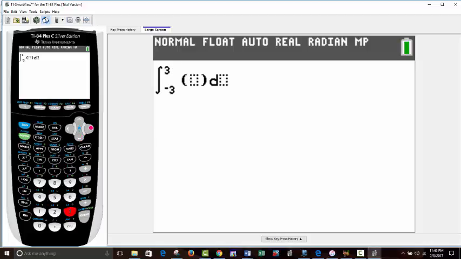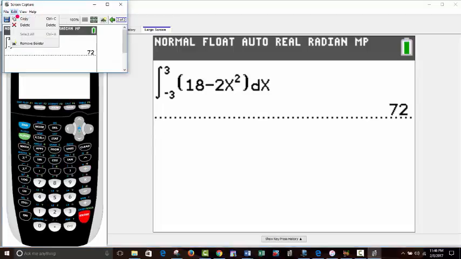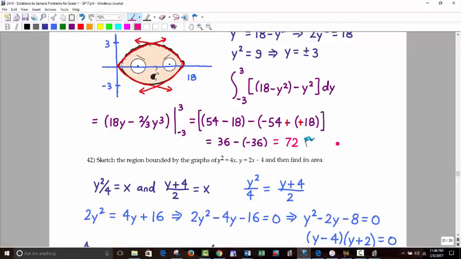So if I go 18 minus 2x squared, even though those are really y's mathematically speaking, it will integrate this exactly the same way. So might as well put that in there. And we have 72.